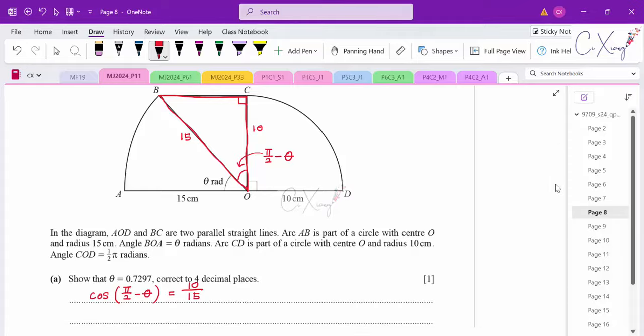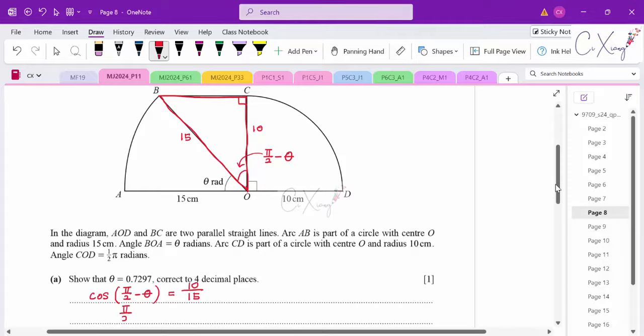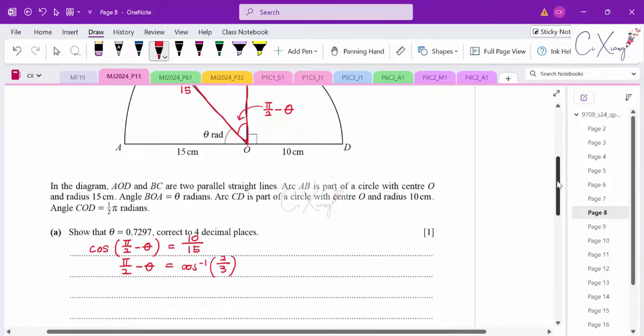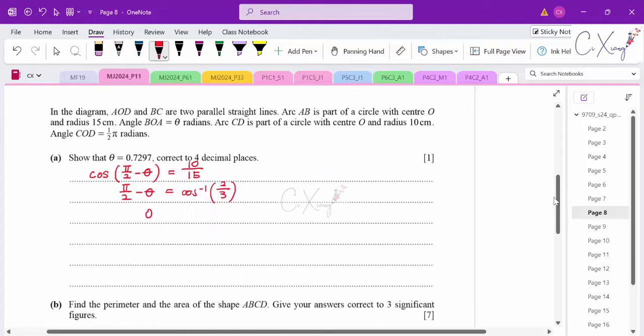Then you try to get the value of theta. So you'll have cos inverse 2 over 3. Then theta equals pi over 2 minus cos inverse 2 over 3. Then what do I get for theta?